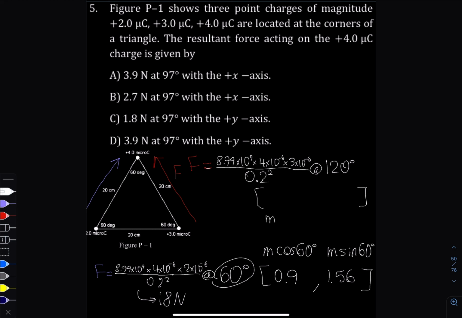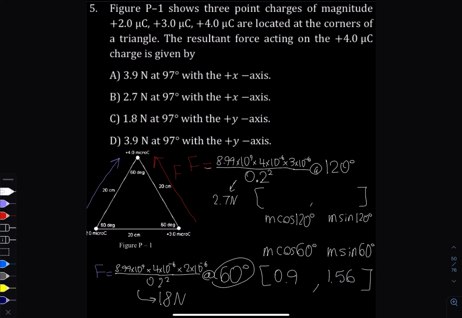We're going to have the x component as cosine of 120, and then sine of 120 for the y component. So here again we would find what this is. This would give us 2.7 newtons.